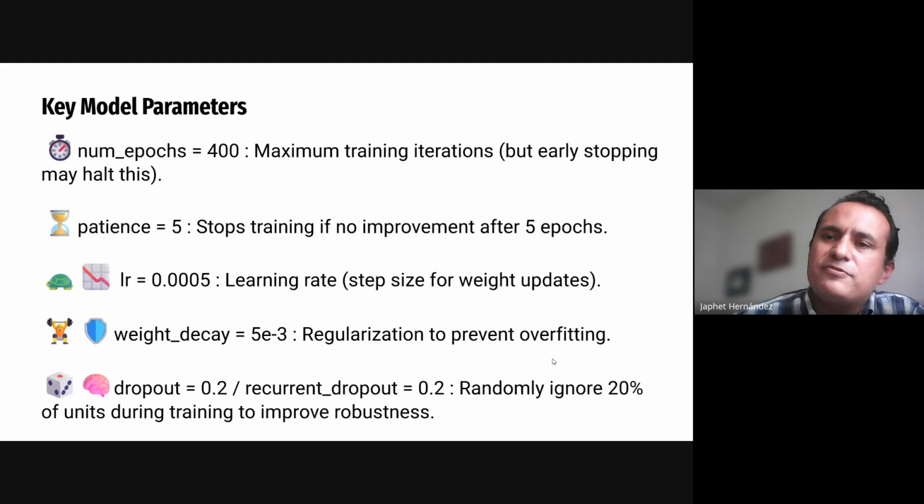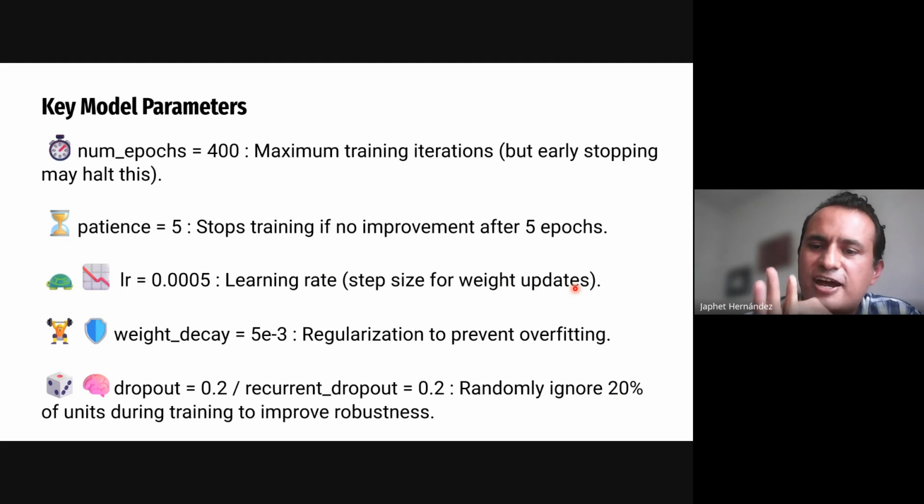The sweet spot after some iterations was 400 epochs for convergence, with patience set to 5. So what can we understand from patience? If the validation performance doesn't improve for 5 epochs, we stop early. Why 5? It balances efficiency and model performance.